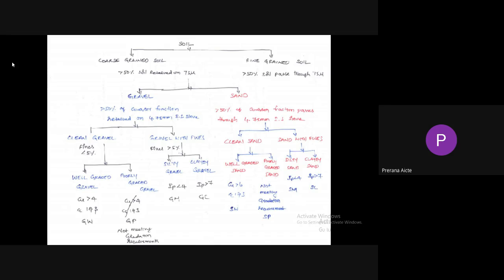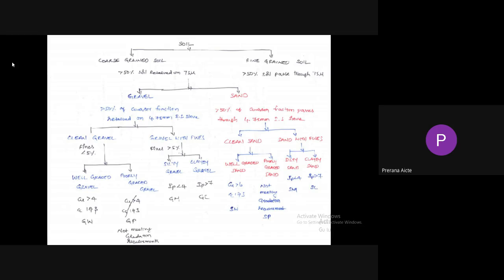Here 700 grams is retained on the 75 micron IS sieve, so more than 50% of soil is retained, and the soil is classified as coarse grained soil. If more than 50% of soil is retained on the 75 micron IS sieve, then it is called coarse grained soil. This is the first classification.